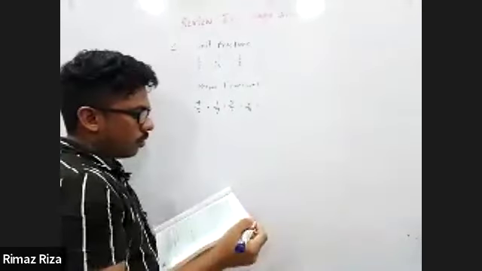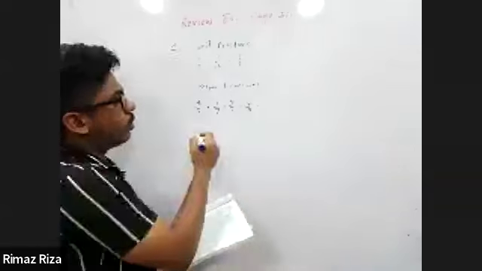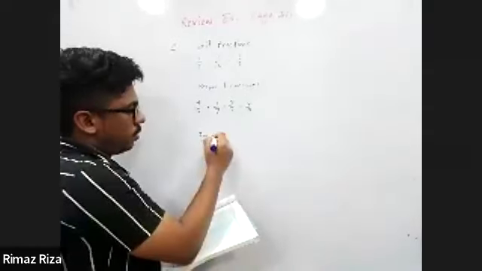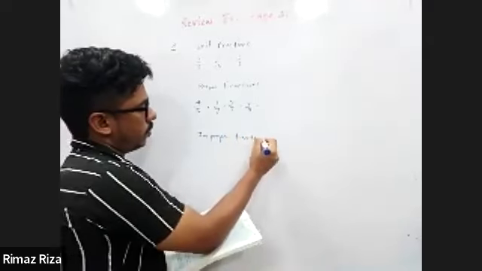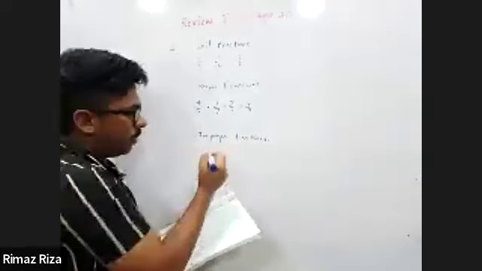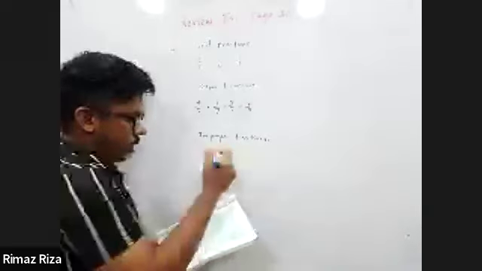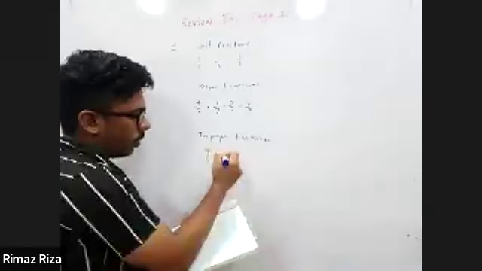9 over 4 is not a proper fraction, so I write it in the improper. So improper fractions, first we have 9 over 4. And then 19 over 15.